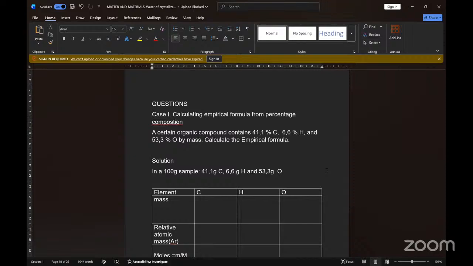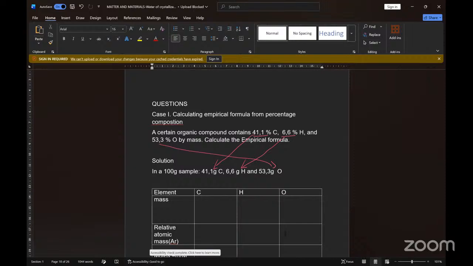In that case, 41.1 grams will become carbon, this amount will become hydrogen, and this amount will become oxygen. So before you solve it, just write something like that. In a 100-gram sample, you just copy these same things without the percentages.